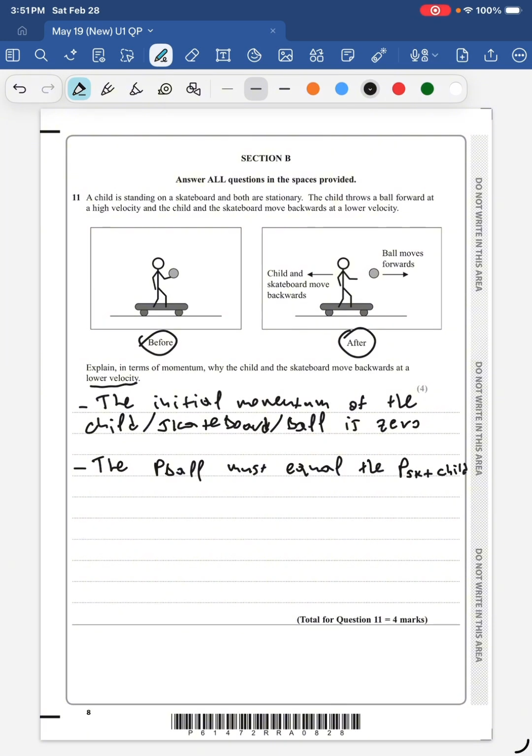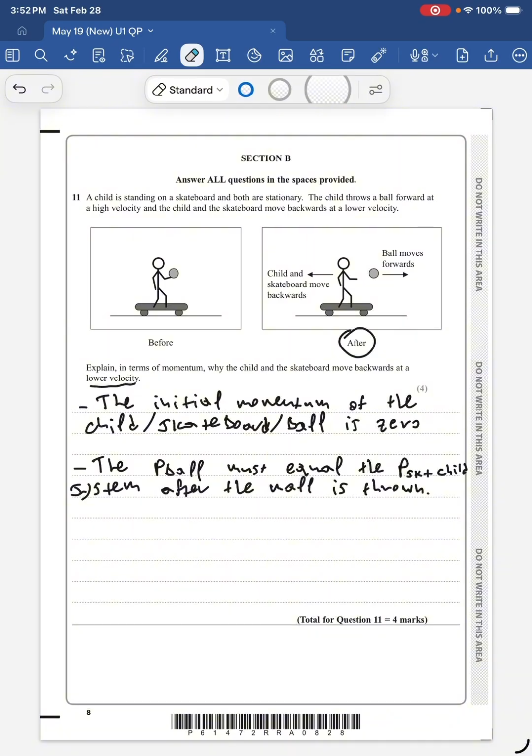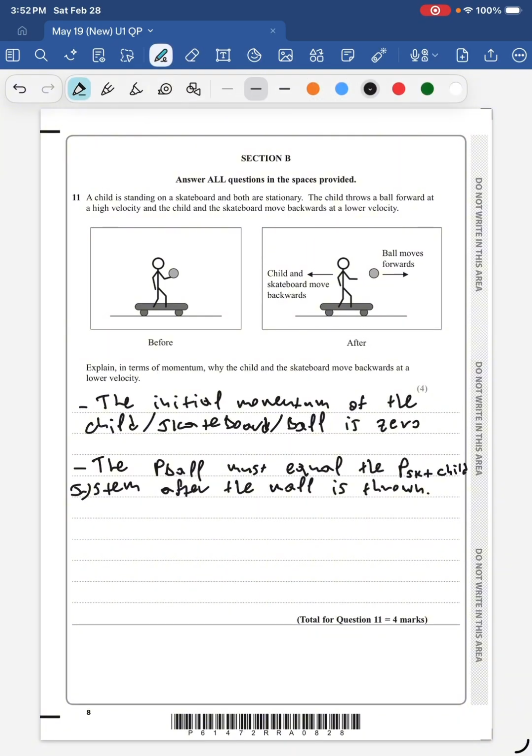So the momentum of the ball must equal the momentum of the skateboard plus child system after the ball is thrown. Okay, so this is the conservation of momentum pretty much. The momentum before must equal the momentum after, right? So 2 points so far.